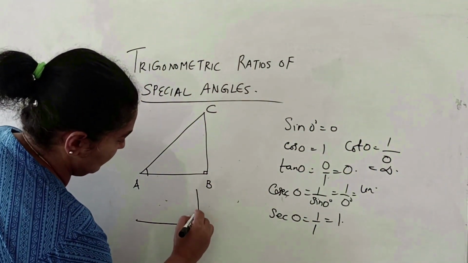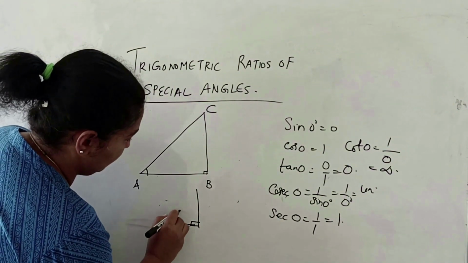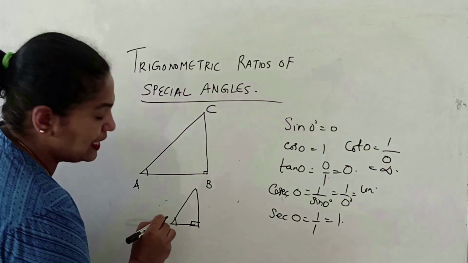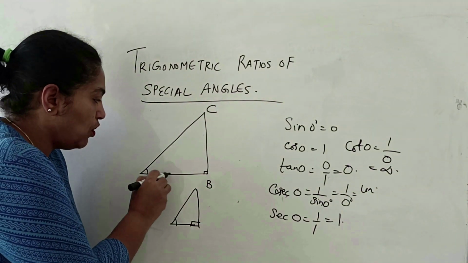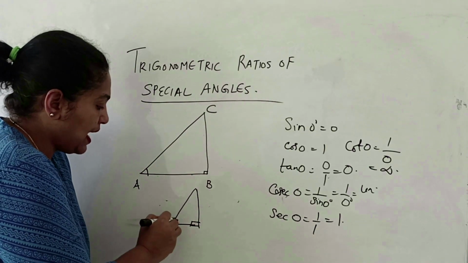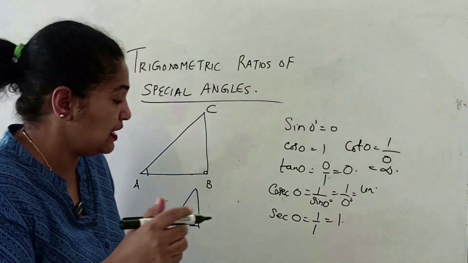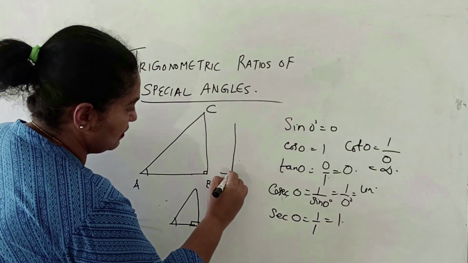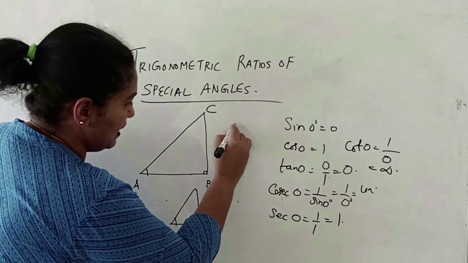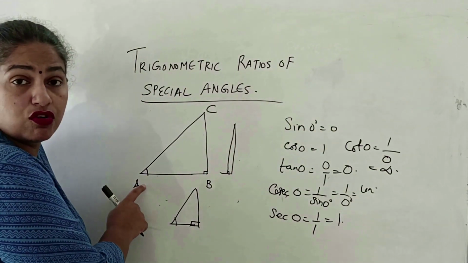If this is our triangle with the right angle at B, angle A is bigger when I bring A closer to B, so that my angle A becomes bigger and moves closer to 90 degrees. At a point where this is BC and this is A, my angle A is much bigger than what it was over here.